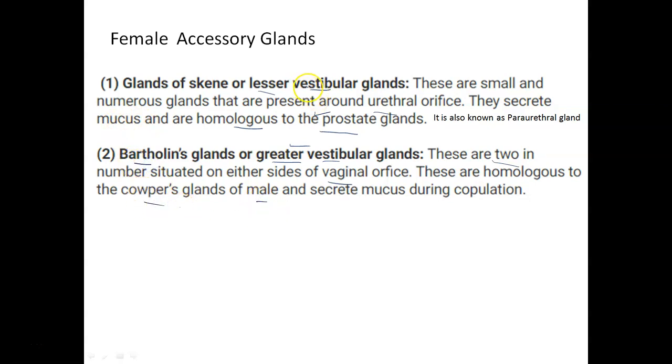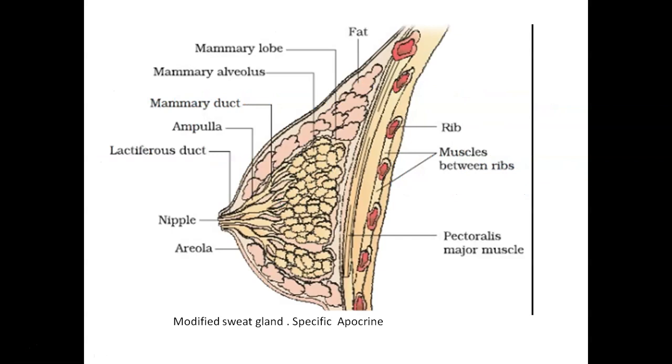So the lesser vestibular gland is homologous to the prostate, and the Bartholin gland is homologous to Cowper's gland. Cowper's gland's function was to secrete mucus for lubrication. In the same way, the greater vestibular gland also secretes mucus and its function is lubrication. That's all for the accessory glands present in the female reproductive system.